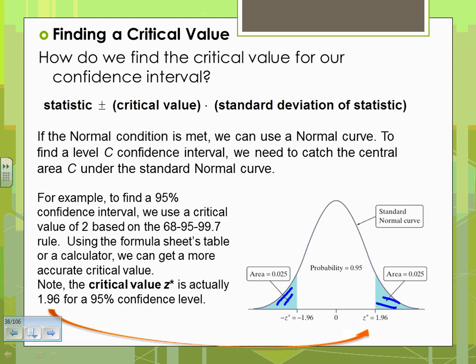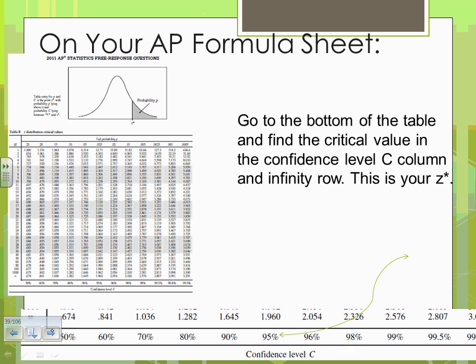Here z is the number of standard deviations you are away from the mean. We saw 2 for this density curve because we were using the empirical rule. Hopefully you found table A, and it gives you all of these charts.